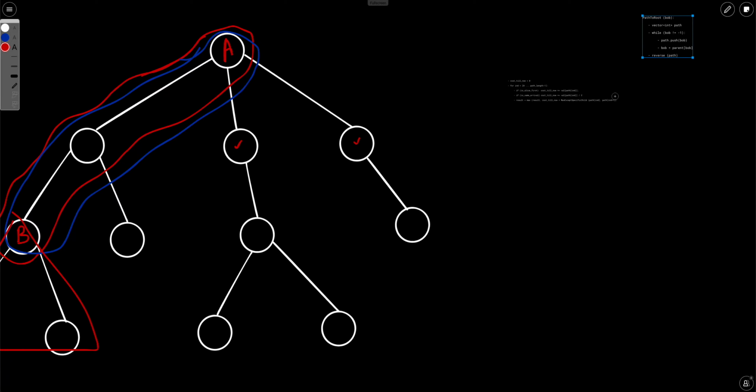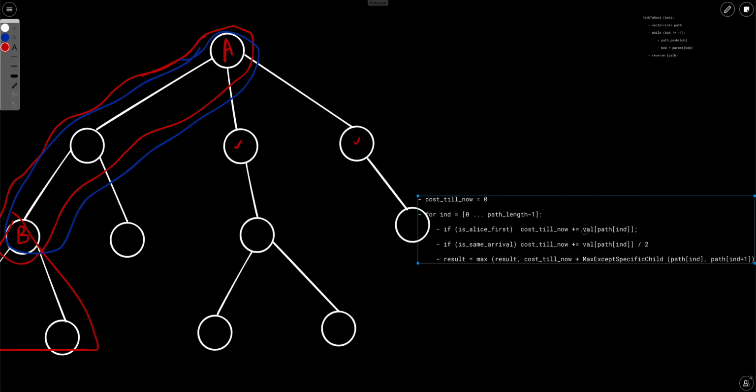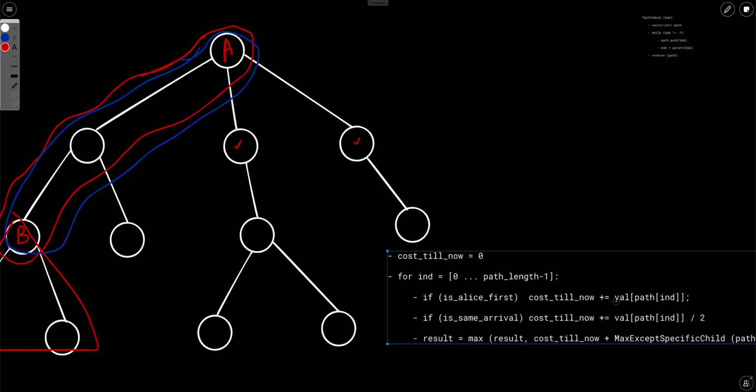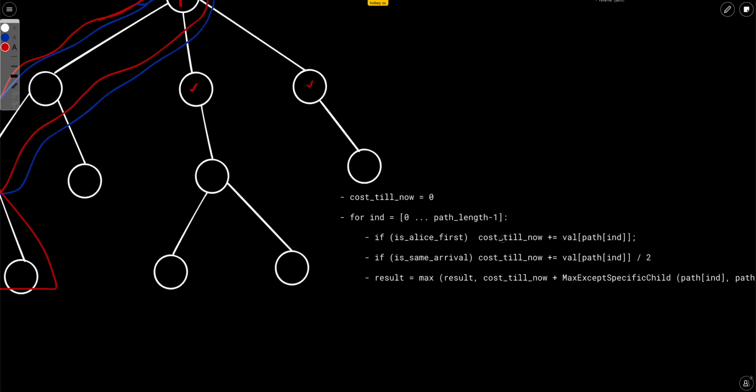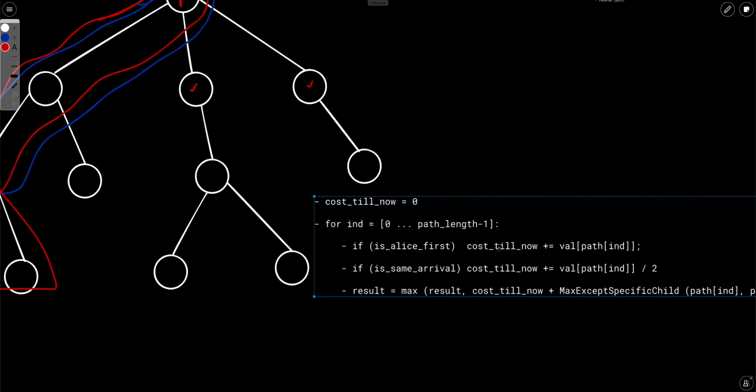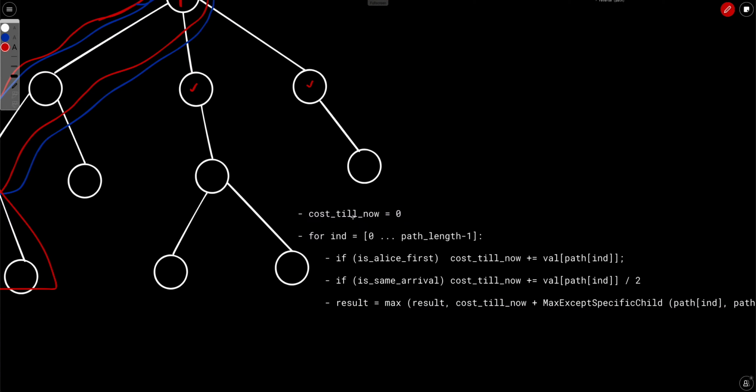Now once you have this information, the rest is very simple. What we discussed is, we will have some path common. So we will say that, okay, we know the path. Now either up till the 0th index is common, up till the first index is common, or up till the 2nd index is common.